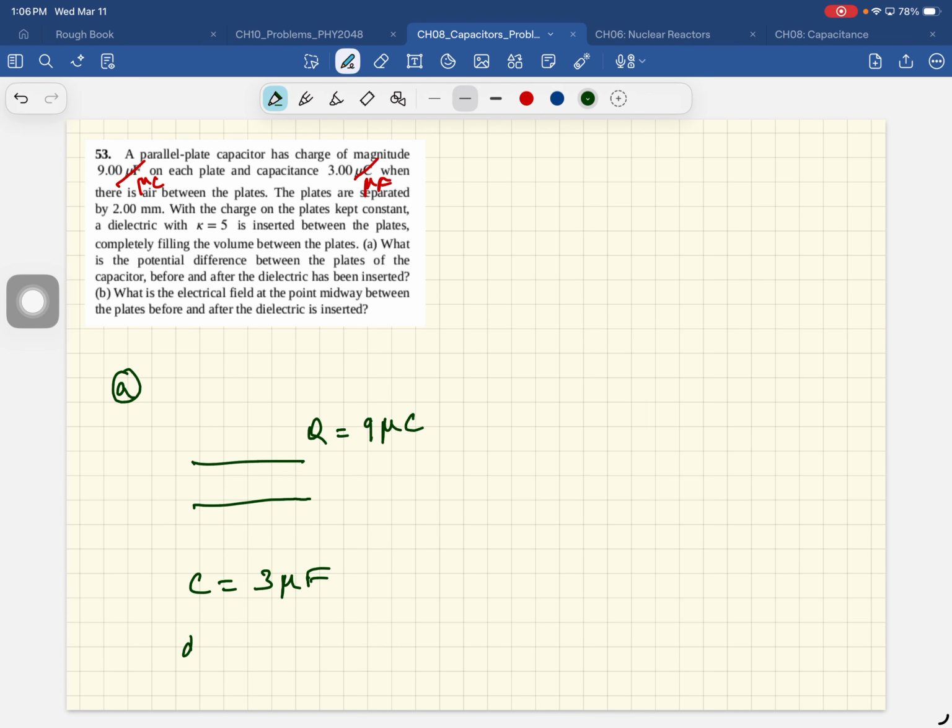Okay, and the separation between the plates is 2 millimeters. With the charge on the plates kept constant, now what you do is you insert a dielectric. What is a dielectric? Something that goes between the plates and changes how much energy it can store. What are the electrical properties of the dielectric?